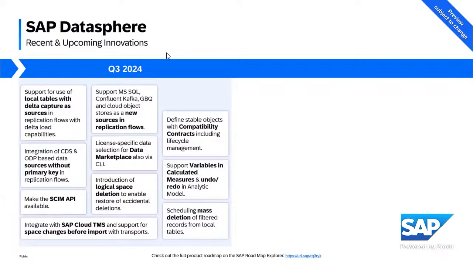Also, we want to introduce here the concept of compatibility contracts, which some of you might already know from CDS views based on our S/4HANA systems, so including the lifecycle management there, that you can define certain views as stable objects then, and then only compatible changes are allowed to those to avoid breaking models or stories on top of it while doing changes on the system.